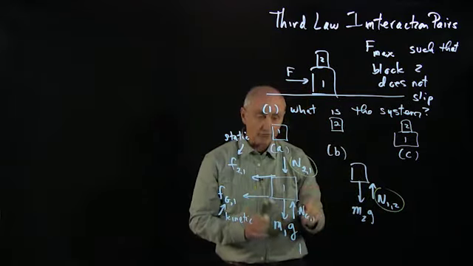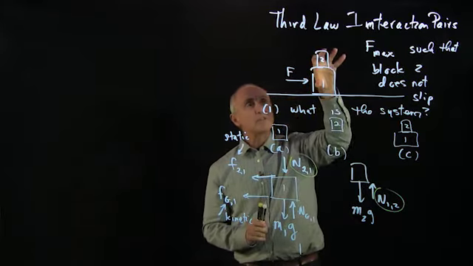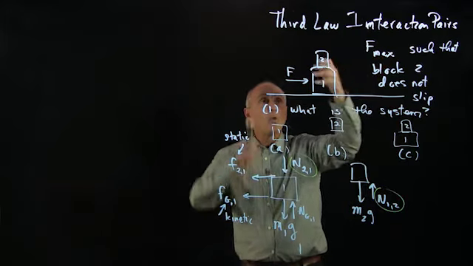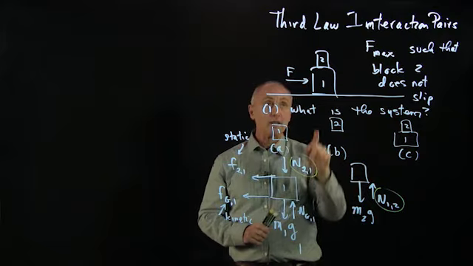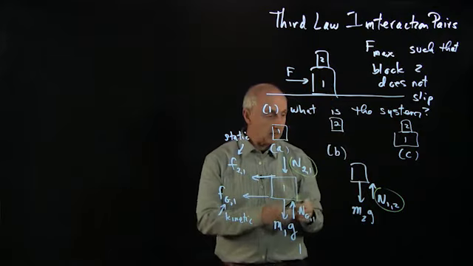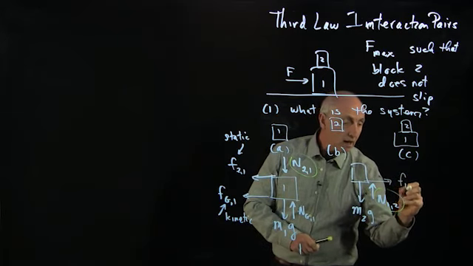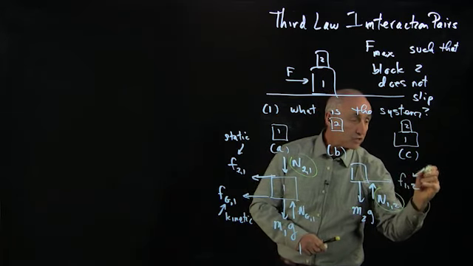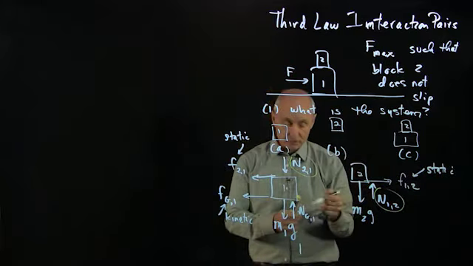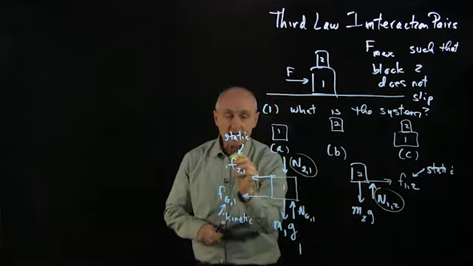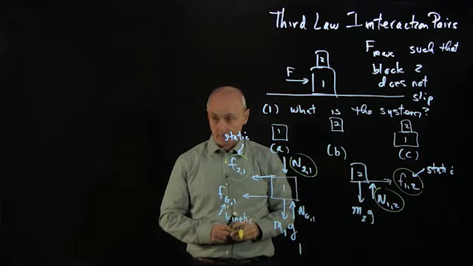Now, what else? Here's the subtle thing: this whole system will move to the right. What's the force that's making block 2 move to the right? Well, it's static friction. So static friction from block 1 on block 2 is causing block 2 to move to the right. And now we can see, again, our third law interaction pair.